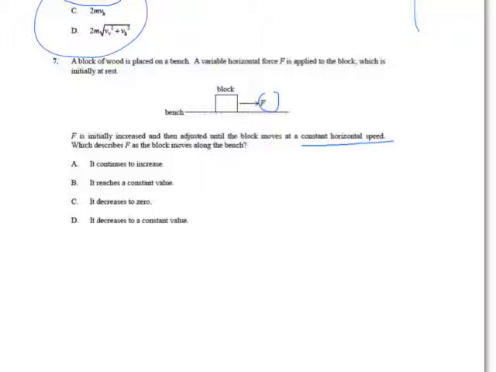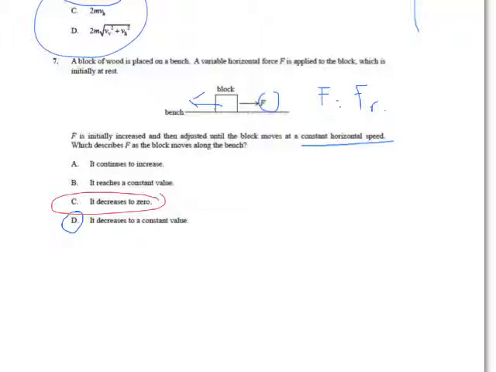Now this is a bit of an unfair question because it doesn't mention friction. It doesn't say it's a frictionless surface. So you have to assume that there is in fact a force of friction on there. The correct answer is it decreases to a constant value, because that constant value, F, must be equal to friction. However, for the purposes of this particular exam, I've decided unilaterally that C is also correct.